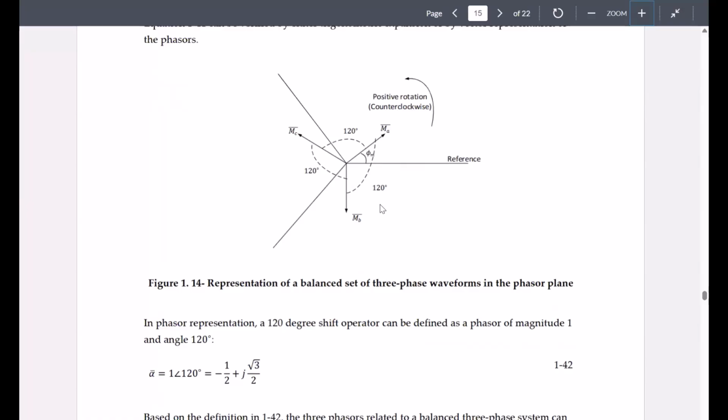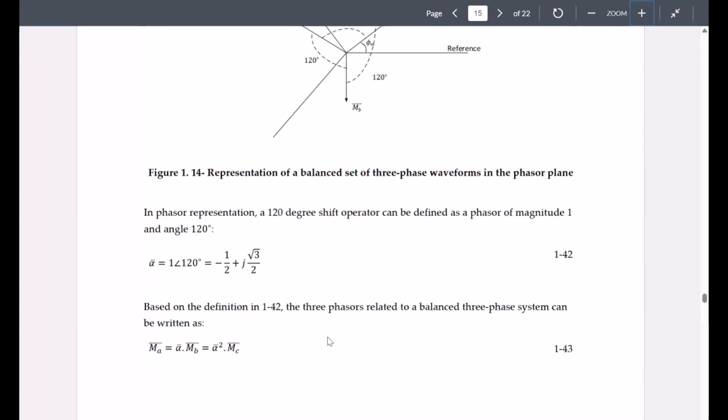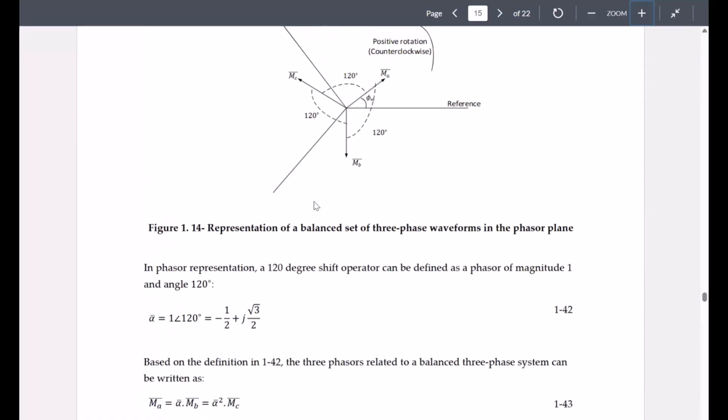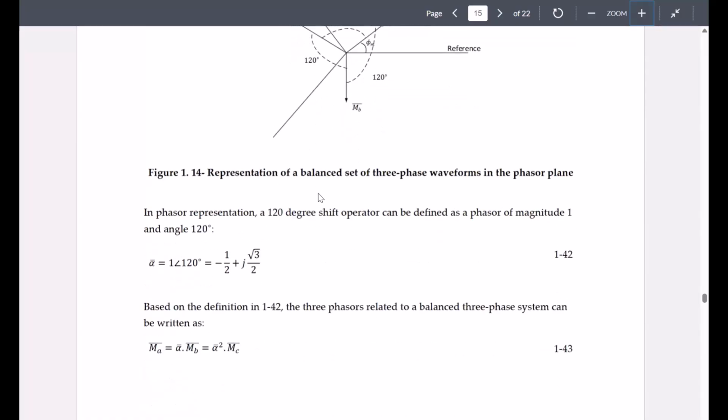To show that phase shift, we use an operator alpha, which is nothing but 1 with an angle of positive 120 degrees. This is always used to show the relationship between the 3 phasors in the 3 phases. So MA would be MA, MB would be alpha squared times MA, and MC would be alpha times MA. Alpha squared means 240 degrees of phase shift, which would be the same as minus 120 degrees, right?